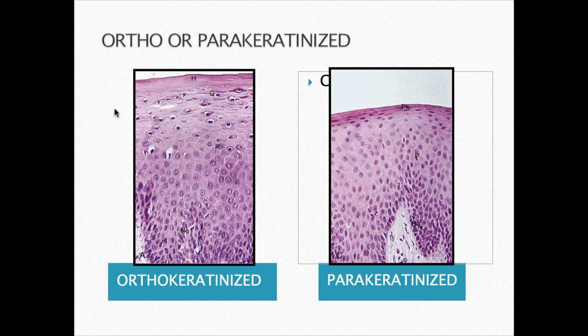However, the other gingival areas are covered by a parakeratinized or a non-keratinized epithelium, considered to be in an intermediate stage of keratinization. In parakeratinized epithelium, as we see on the right, the stratum corneum retains pycnotic nuclei, as you can see in the upper layer. Keratohyalin granules are dispersed rather than giving rise to a stratum granulosum.